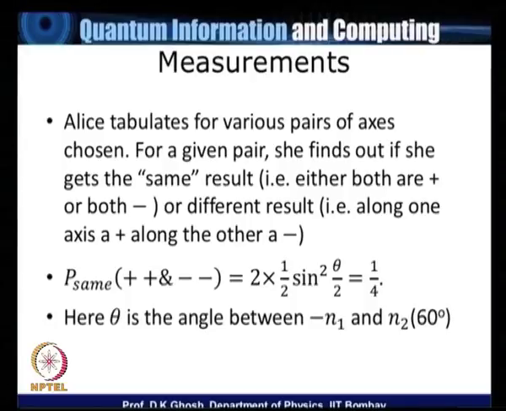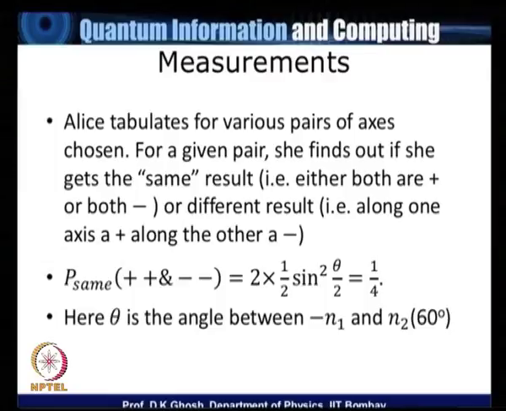By same I mean, does she get plus plus or minus minus? Concentrating only on the same results, the probability would be, because there are two possible results, 2 into half sine squared theta by 2, and that works out to be equal to 1/4 because of the choice of angles, since sine theta is 1/2 for 30 degrees.